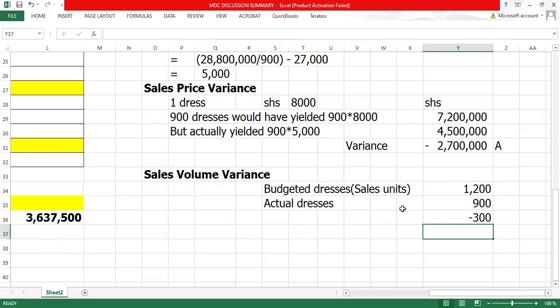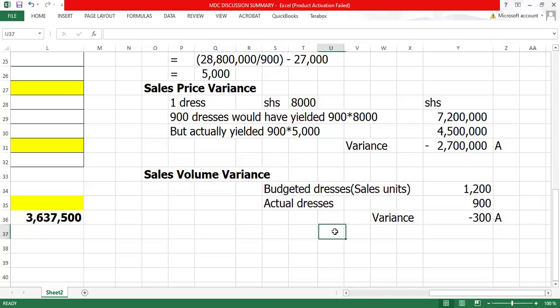This is a variance and it's adverse. But this is in terms of units. These are dresses. We don't report in terms of units, we report in terms of amount. So for you to report in terms of amount, convert units into amount.